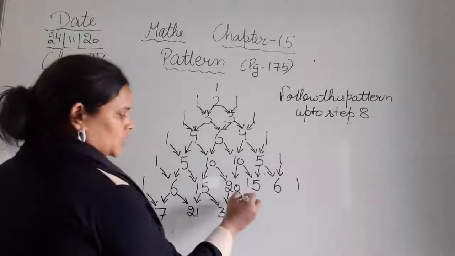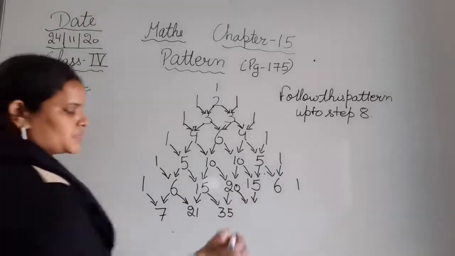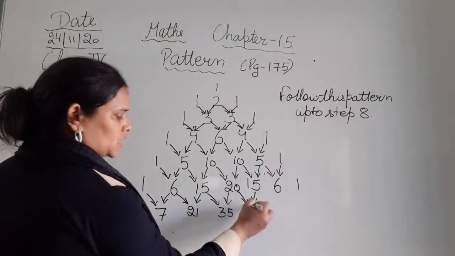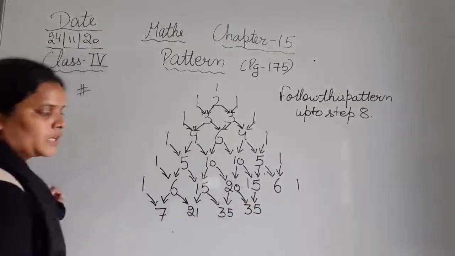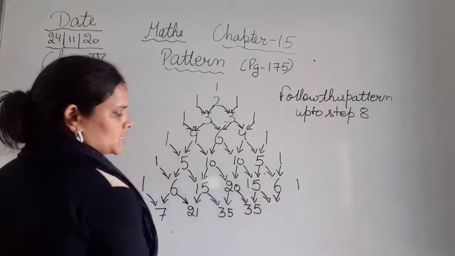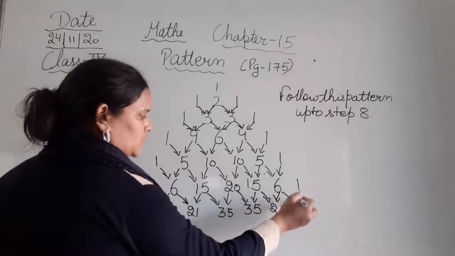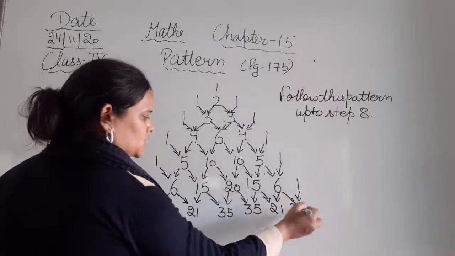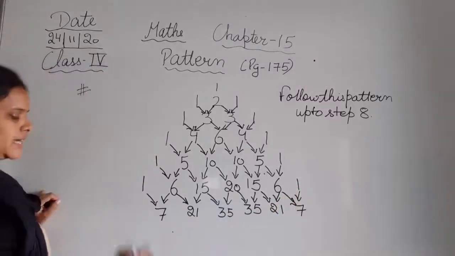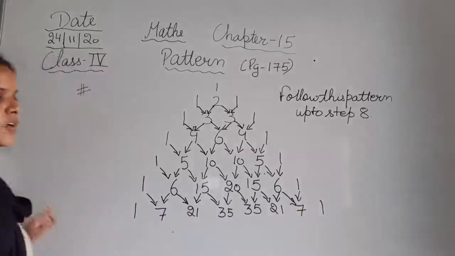Next, 20 plus 15 is 35. Next, 15 plus 6, 21. And 6 plus 1 is 7. After that, we have to write 1 on both sides.